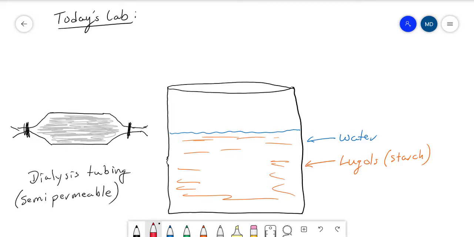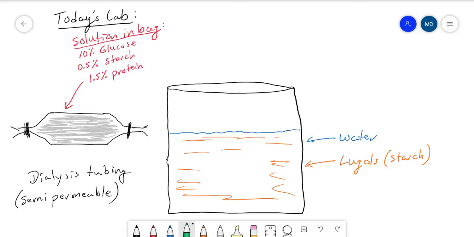This solution contains 10% glucose, 0.5% starch, and 1.5% protein. You can find a listing of the dialysis solution contents at the bottom of page 2 of your handout. We will then seal the other end of the dialysis bag to make a closed bag.